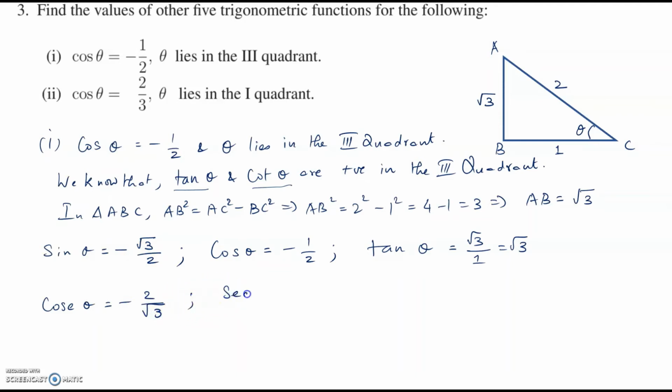Then our secant theta, the reciprocal of cos theta, will be minus 2. Then cot theta is the reciprocal of tan theta, so that will be 1 by root 3.